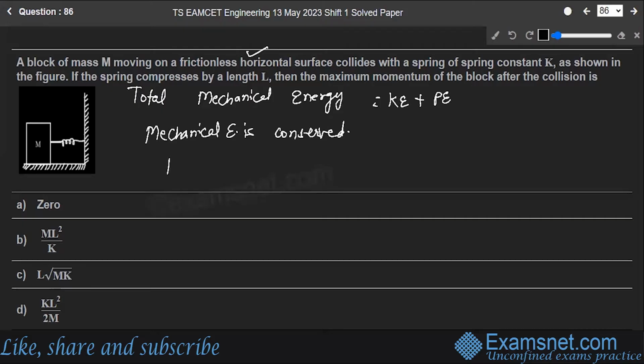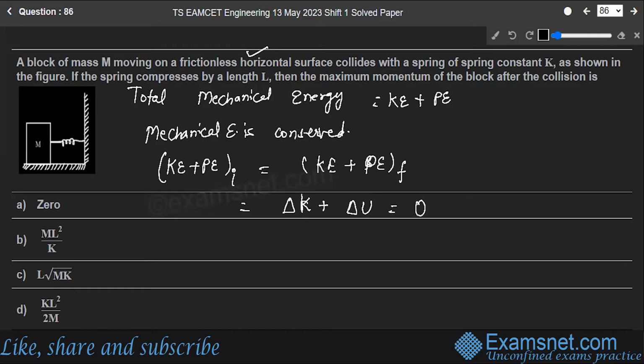So you have kinetic plus the potential energy initially is equal to kinetic energy plus potential energy finally. That means change in the kinetic energy plus change in U is equal to 0, and you have change in kinetic energy is equal to minus delta U.